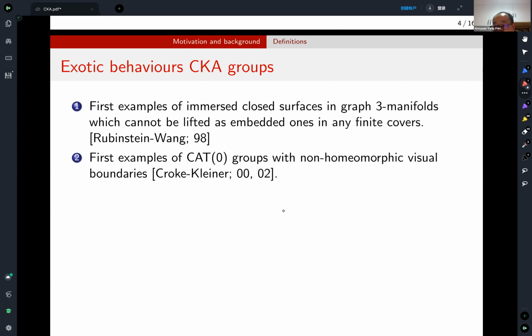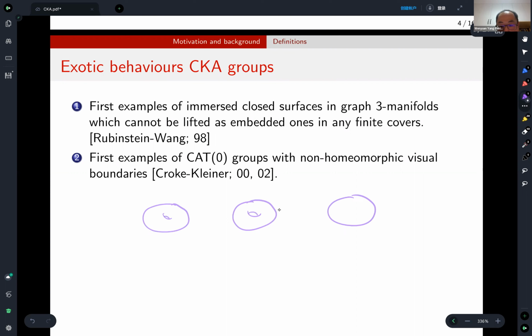It turns out the construction of these groups is very simple. They just take three tori. We make the following identification: we glue the tori along these circles according to the color.